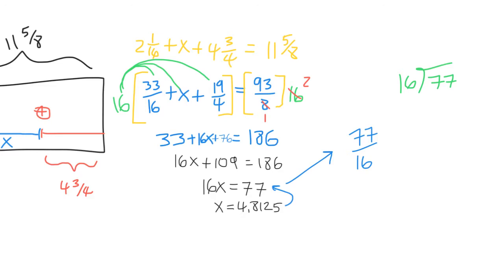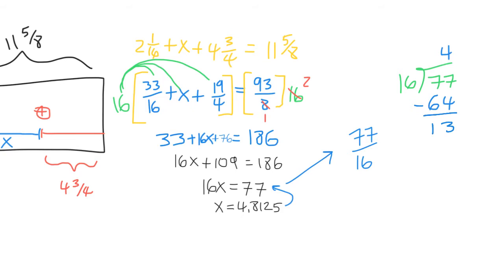Well, 16 times 4 gets us just underneath 77 without going over, and 16 times 4 is 40 plus 24, so that's 64. Then you subtract the 64, which gives you a remainder of 13.